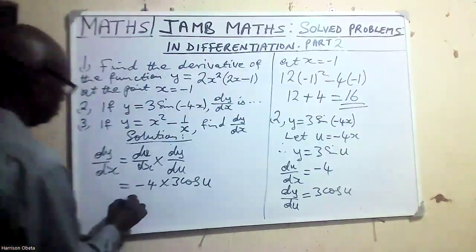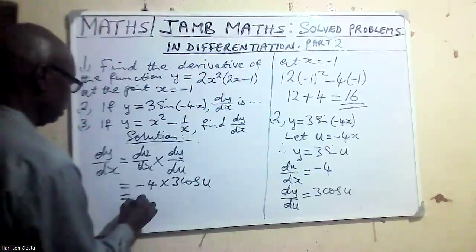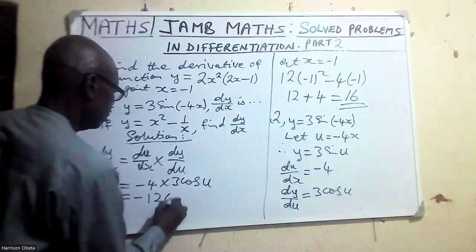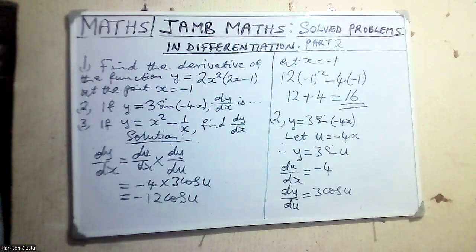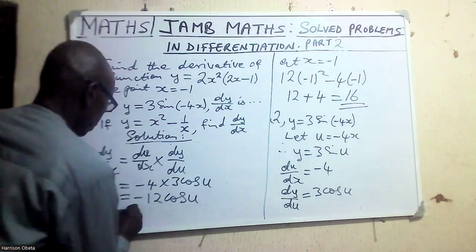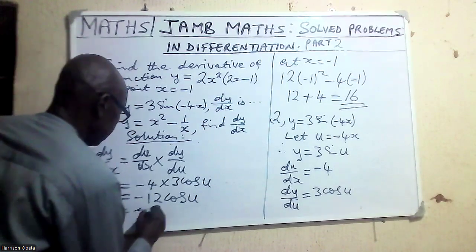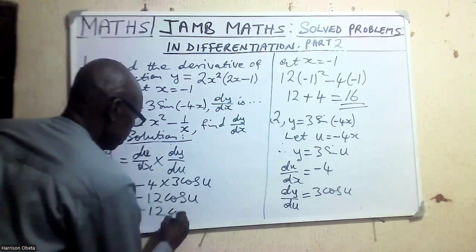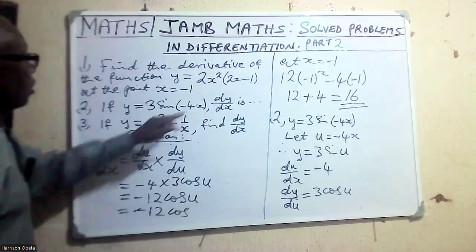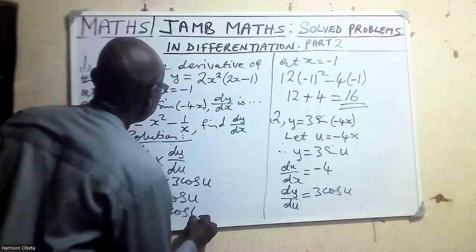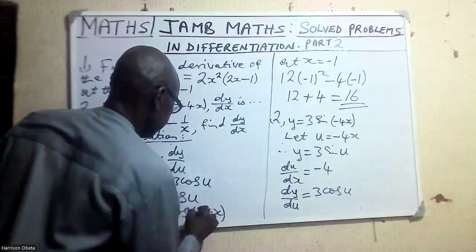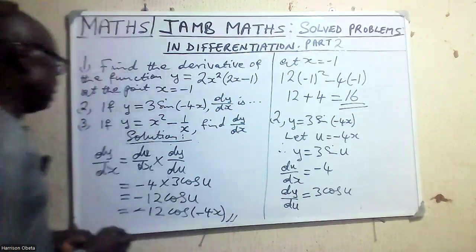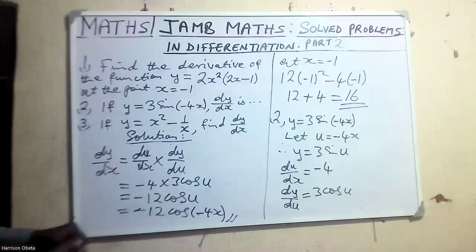And then that will give us minus 12 cos u. Then you bring back the value of u, which is equal to minus 12 cos brackets minus 4x. So that is the answer to that.